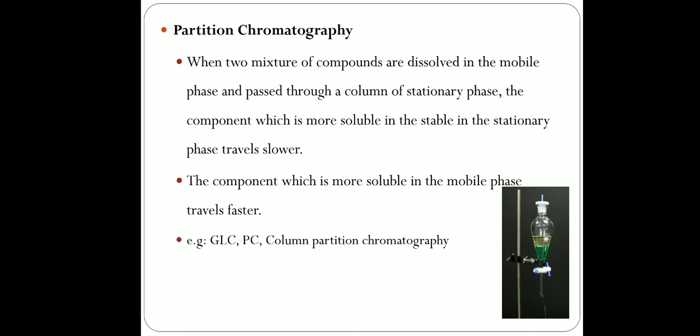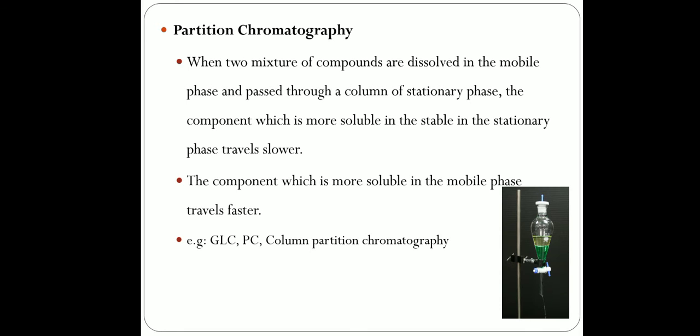Thus the components are separated because of the difference in their partition coefficient, and no two components have the same partition coefficient for a particular combination of stationary phase, mobile phase and all other conditions.